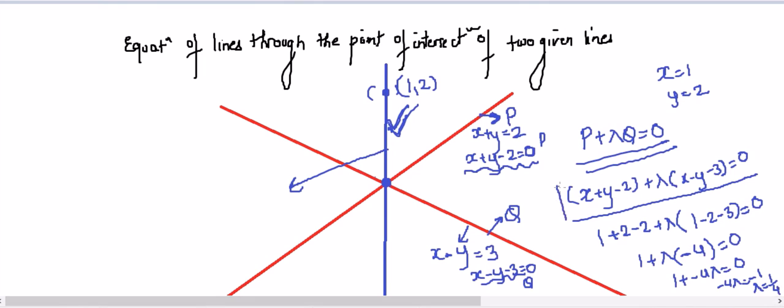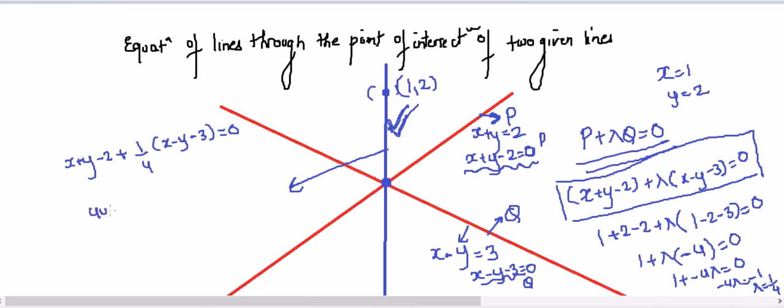So putting the value of lambda right here, it's x plus y minus 2 plus 1 over 4 times x minus y minus 3 equals 0. Then taking the LCM, making the denominator the same, it will be 4y plus 4x minus 8 plus x minus y minus 3, all over 4, equals 0.